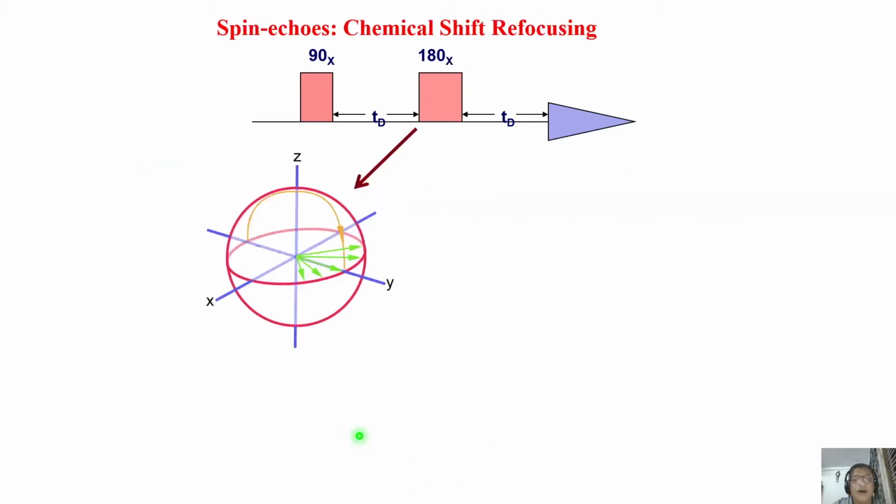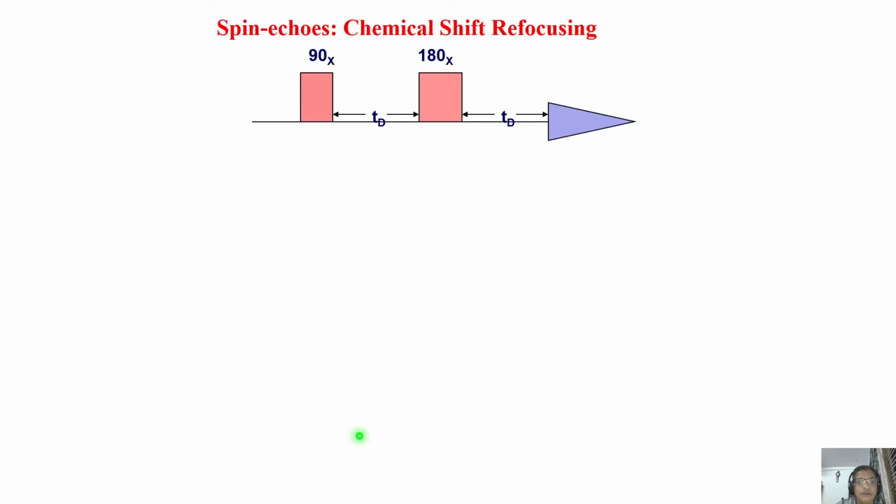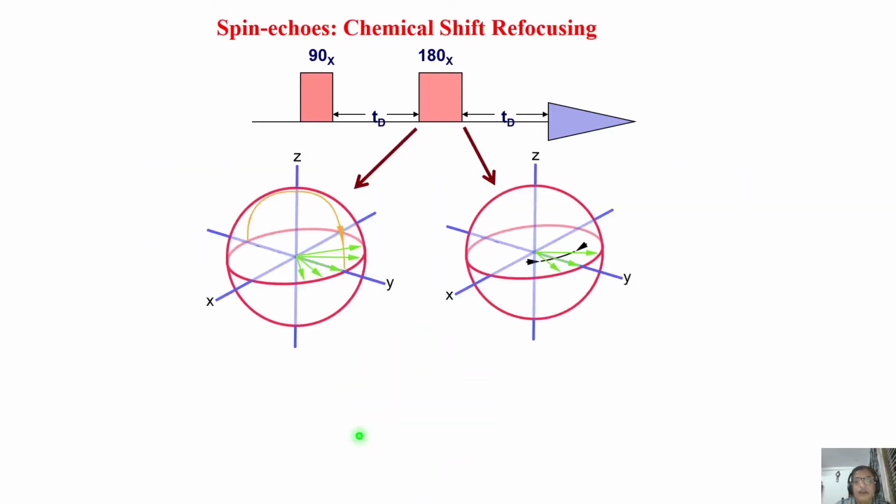Okay. Now after a certain time TD, what is going to happen? After a certain time TD, at this place when it is completely dephased, I am going to apply a 180-degree pulse at this point. When I apply a 180-degree pulse, what is going to happen?